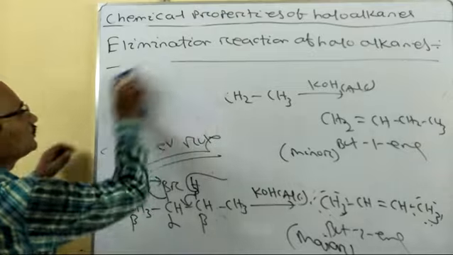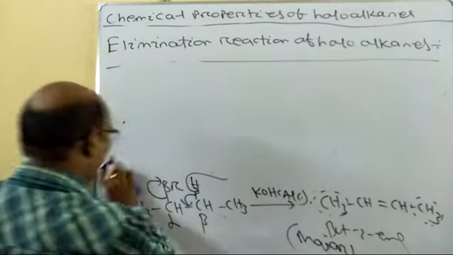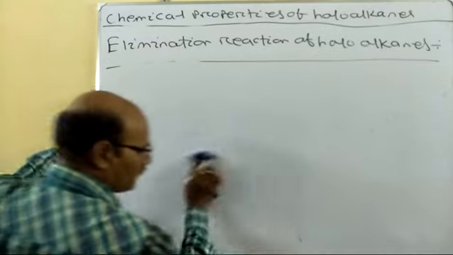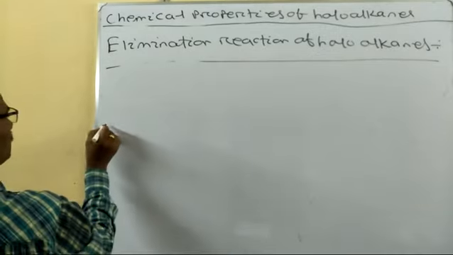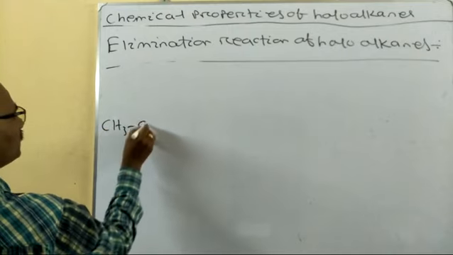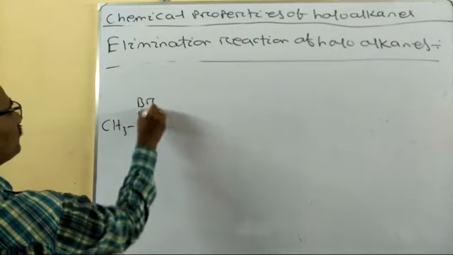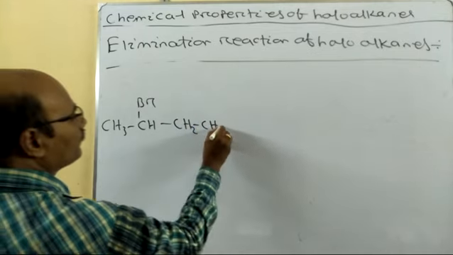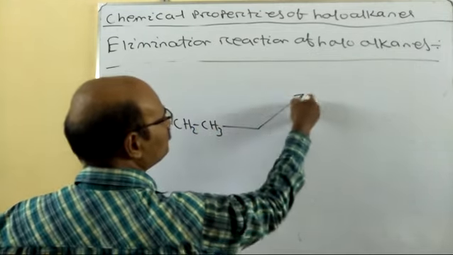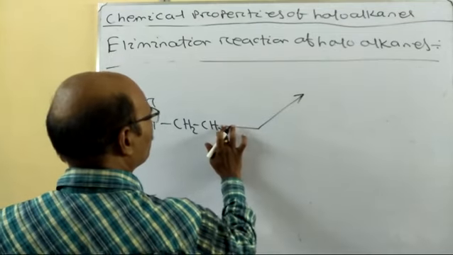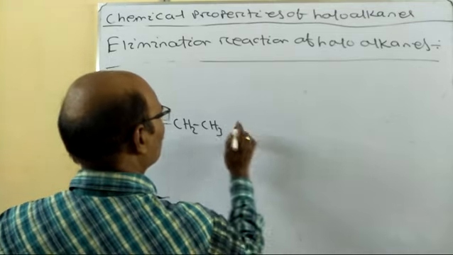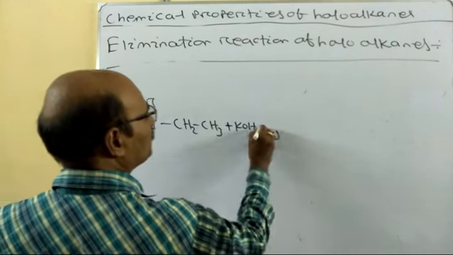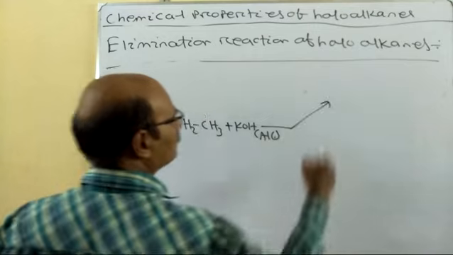So what I will write now, see. CH3 CHBr CH2 CH3 plus alcoholic KOH.